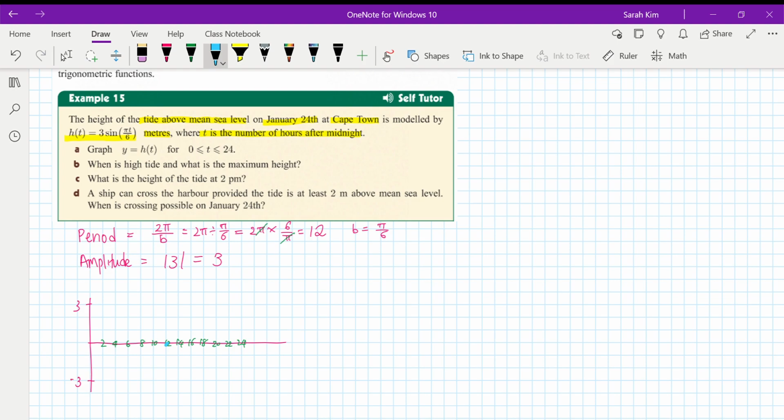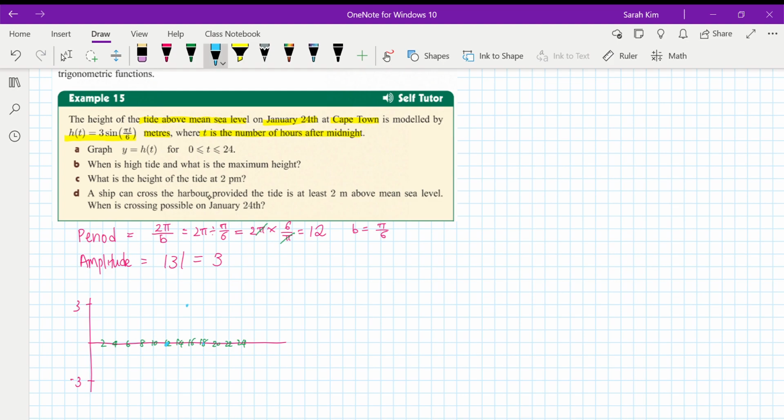So it'll be halfway at 6, so it'll look something like this. And then halfway is 18. It's hard to draw.